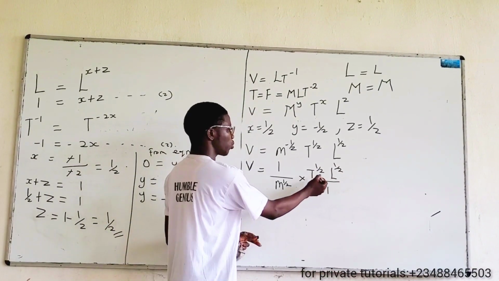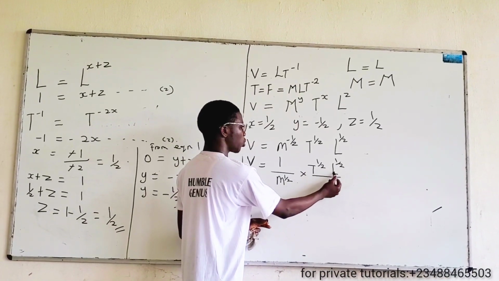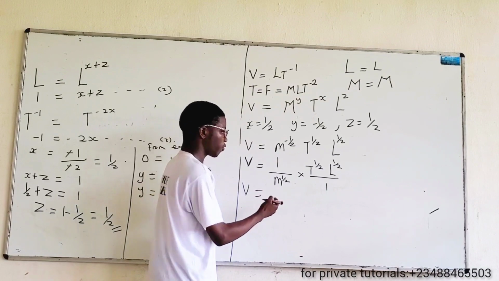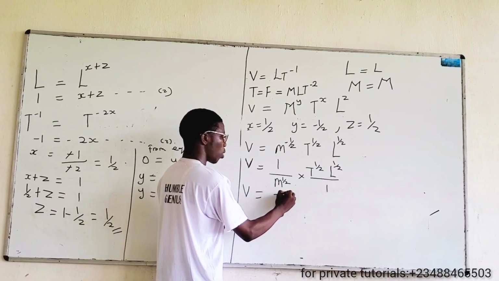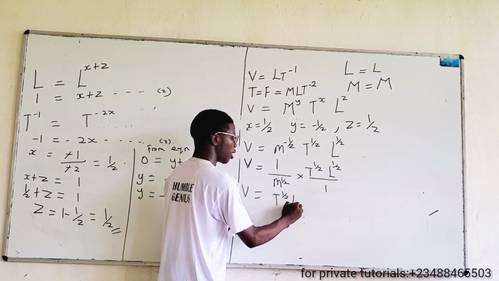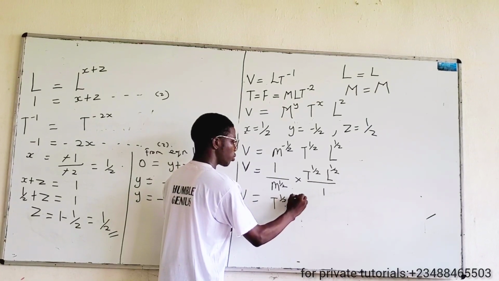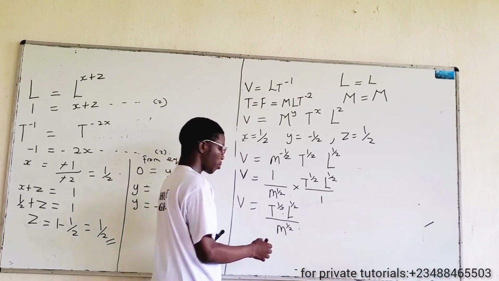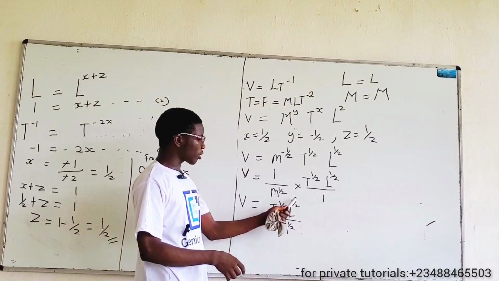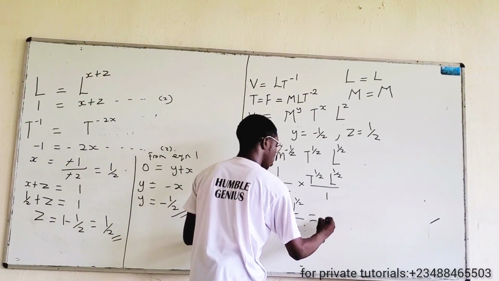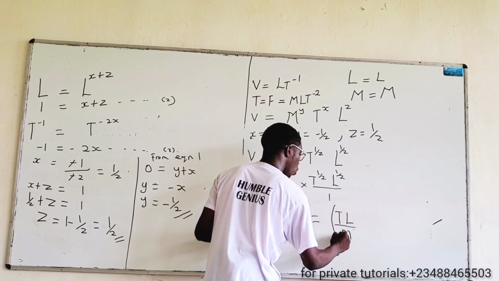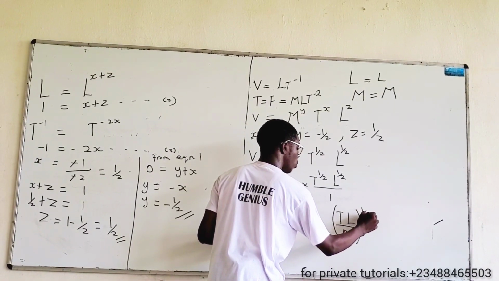There's something I want you to understand. According to indices, I can bring them up. I have v equals T raised power 1 over 2 times L raised power 1 over 2, all over m raised power 1 over 2. From here, we have common powers. So this is the same as TL over m, all raised by 1 over 2.